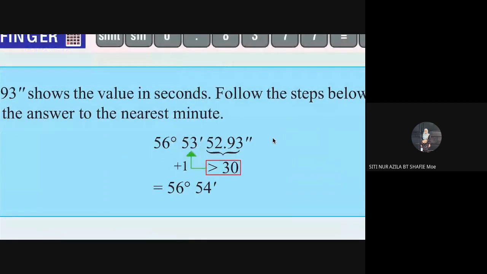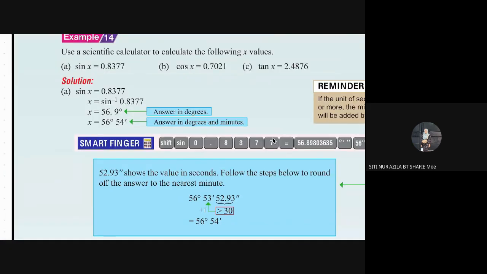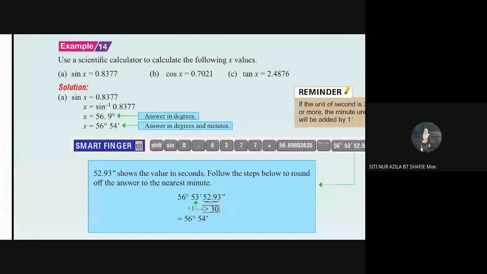And the answer is 56 degree, 54 minutes. That's why when you're converting from degree to degree, minutes, and second, you need to be very careful. If you want to avoid any careless mistake like this, you can just leave your answer in degrees. But if you want to show your answer in a fancy way, then go pro. Okay, are you clear?